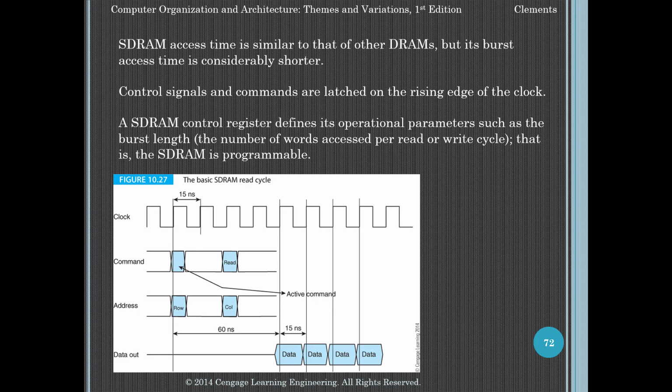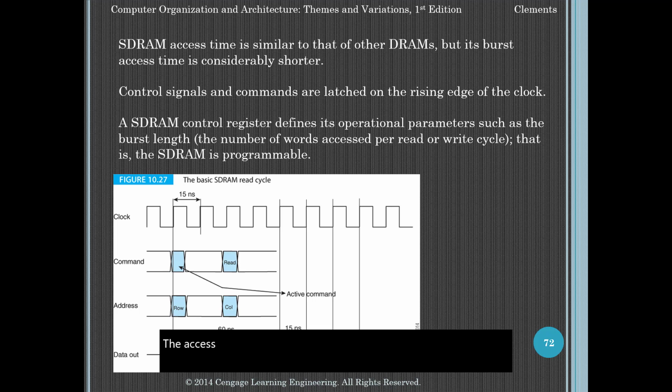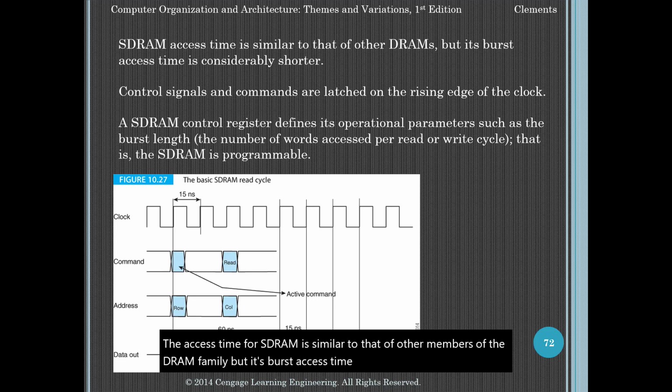Now the access time for SDRAM is similar to that of other members of the DRAM family, but its burst access time was considerably shorter. These control signals and commands are latched onto the rising edge of the clock, which simplifies the design of a system, and then a control register in the SDRAM defines its operational parameters, such as the burst length, the number of words accessed per read or write cycle.